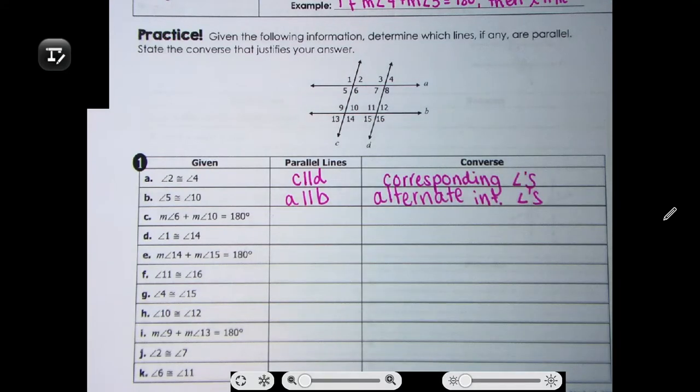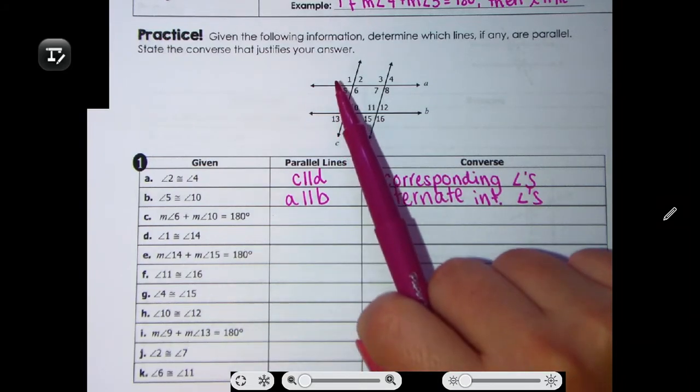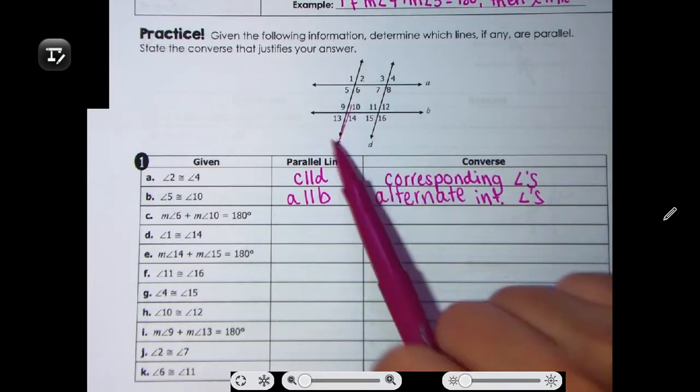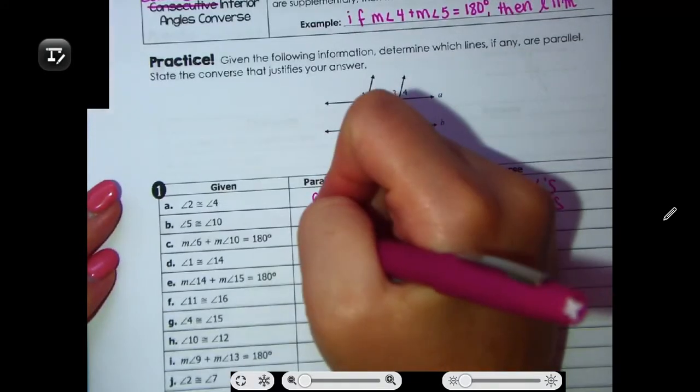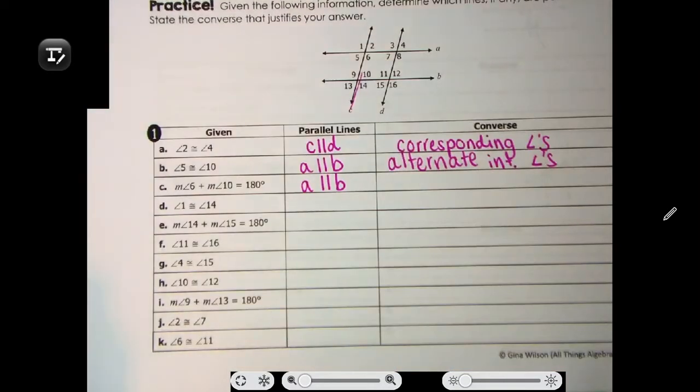So I am wondering, what parallel lines are these on? Well, they are touching 2 lines. They are not touching this D line at all, so I know that it's going to be A and B. So they're both on A and B and touching this transversal C. So that's going to be A is parallel to B. So those are my 2 parallel lines.